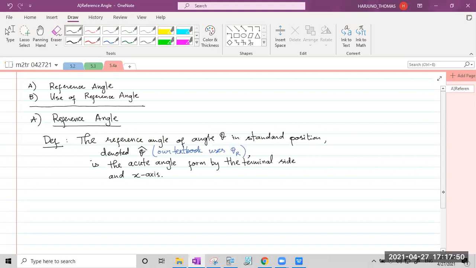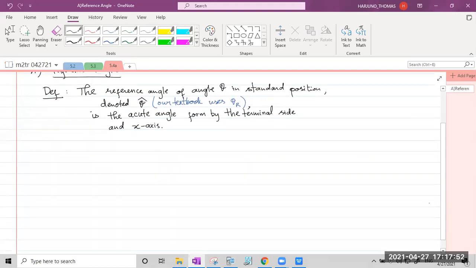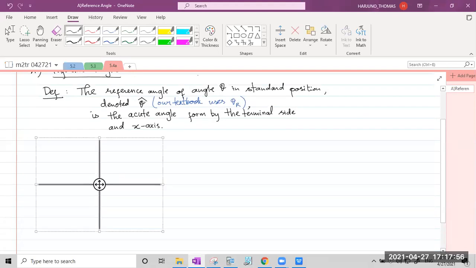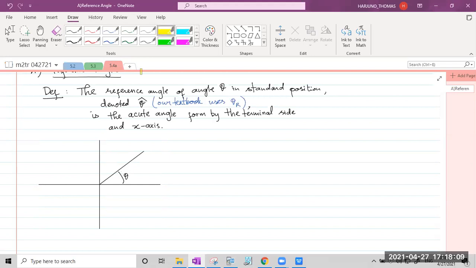Now let me explain this. Suppose my angle theta is in quadrant 1. Let's say this is my angle theta. Now the reference angle is from this terminal side to the x-axis.